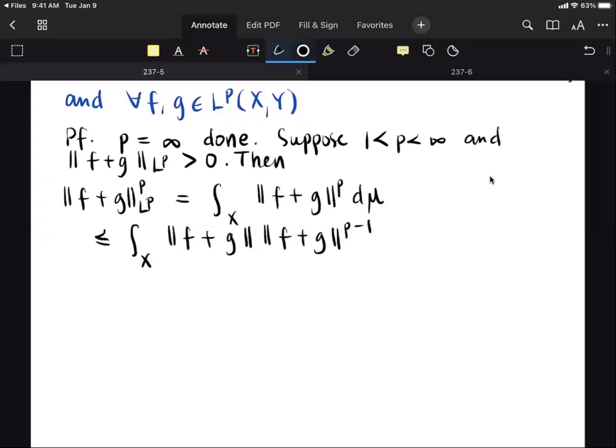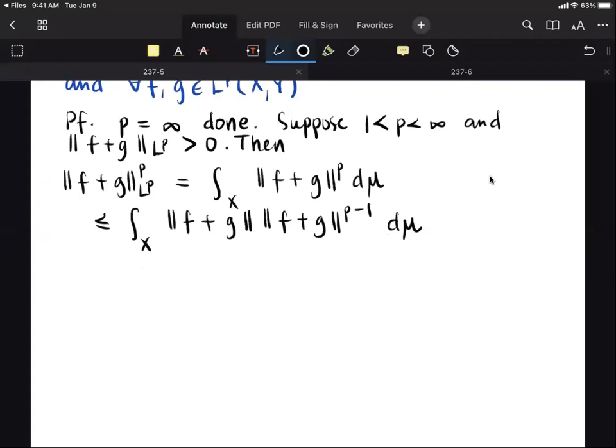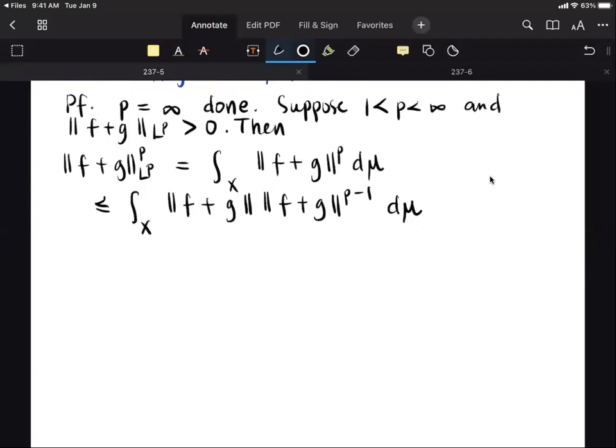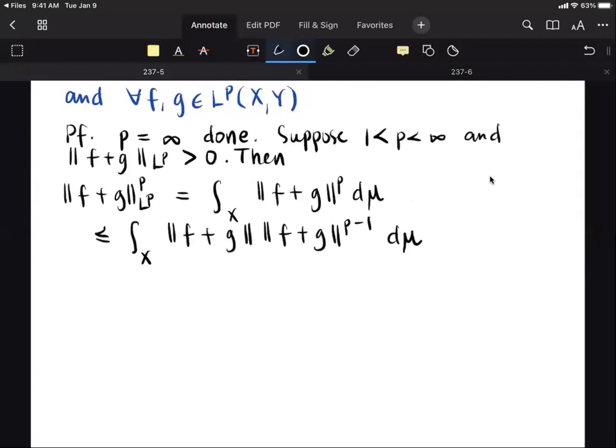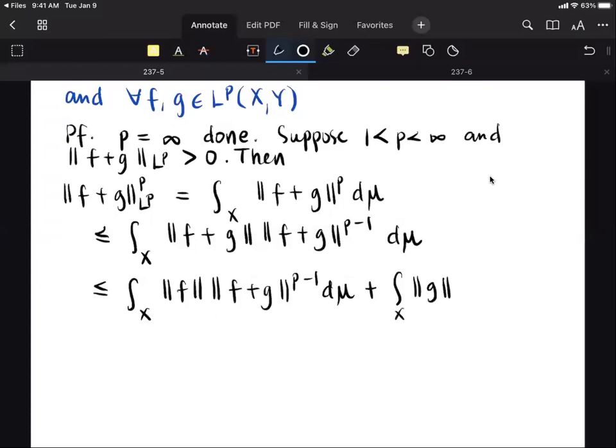Take note that p is greater than 1, so p minus 1 is positive. So we split the power p into two parts, one with power 1 and the other with power p minus 1. Simply applying the triangle inequality and the linearity of the integral, you will have these two parts here, with p minus 1, d mu.